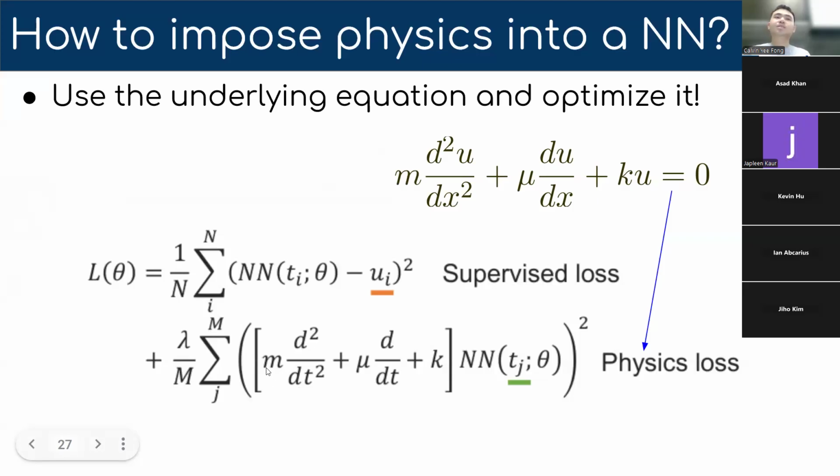The reason for that is, for supervised learning, you need both the data inputs and also the outputs to compare. But with this physics loss, you only require the inputs to the differential equations.